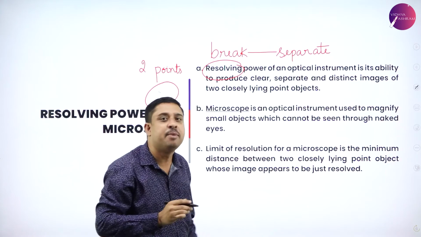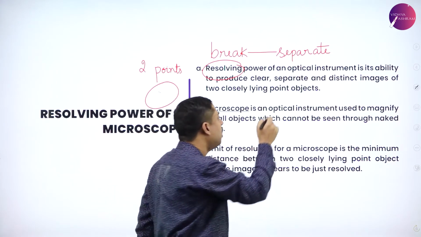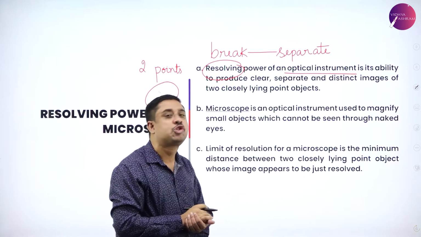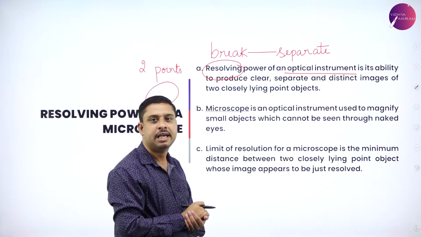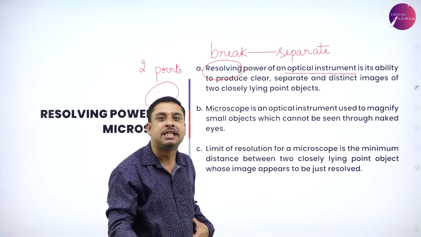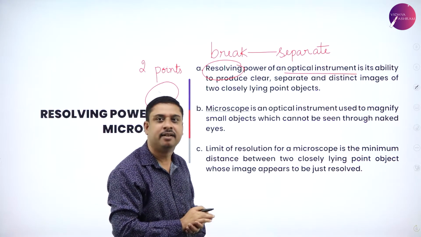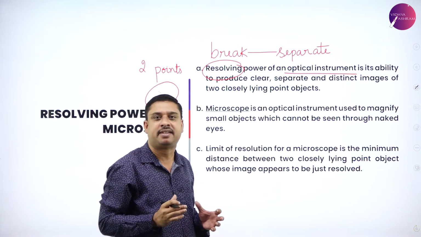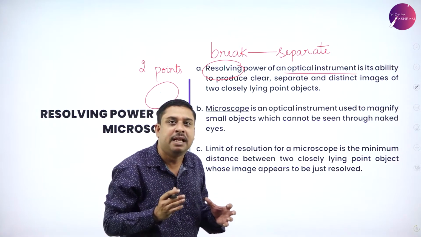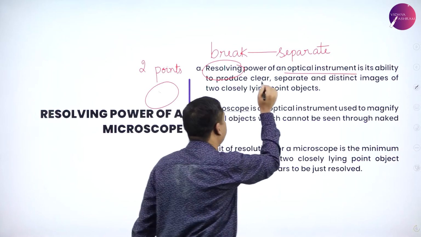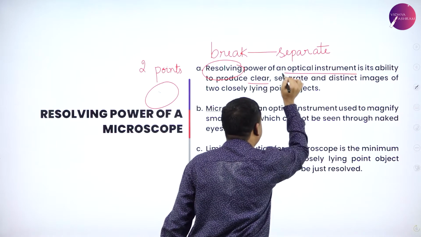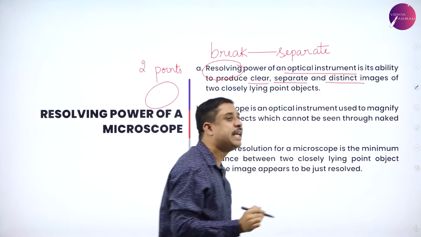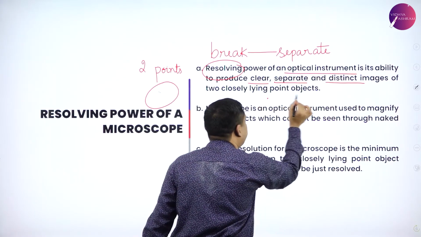So, resolving power of any optical instrument is the ability, the capability of that instrument to produce clear, separate, distinct images exactly like this.